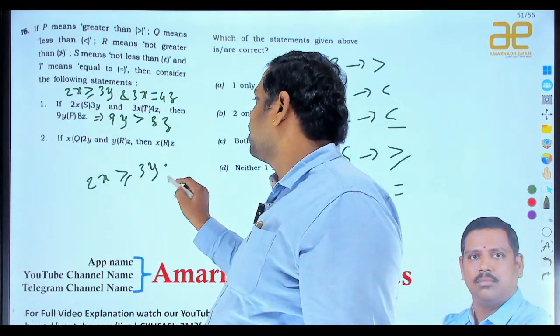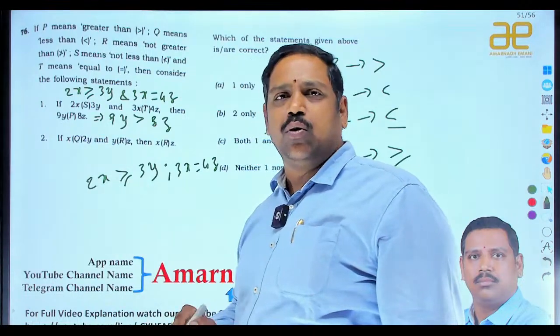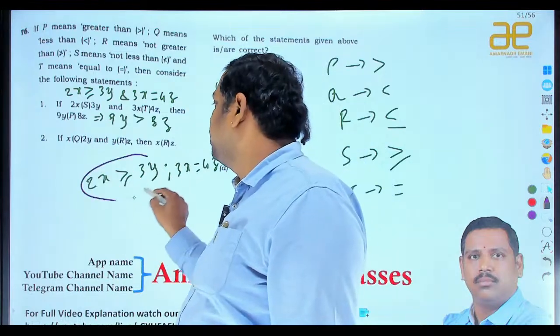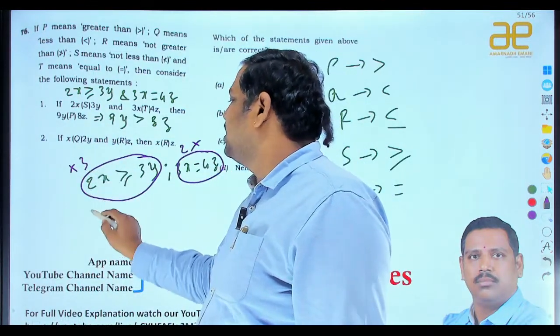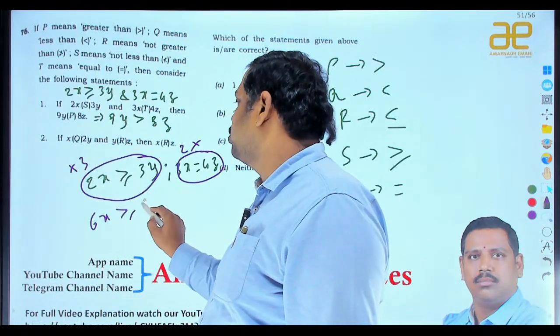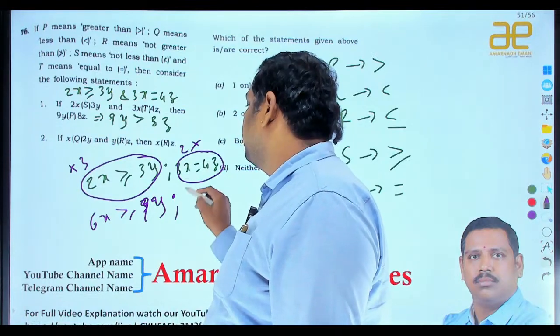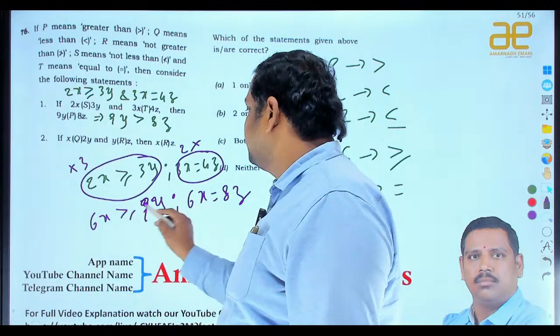Next one, 3x is equal to 4z. Here it is 3x, here it is 2x. I don't like it. Equate both. So to equate both, I am multiplying this one with 3 and this one with 2. 3 2s are 6x is greater than or equal to 3 3s are 9y. If I multiply with 2, 6x is equal to 8z. So can I replace this 6x with 8z?